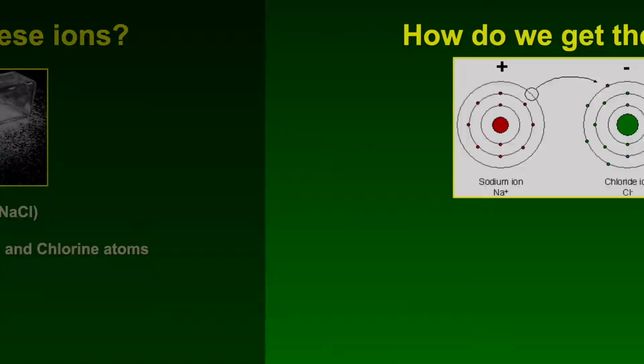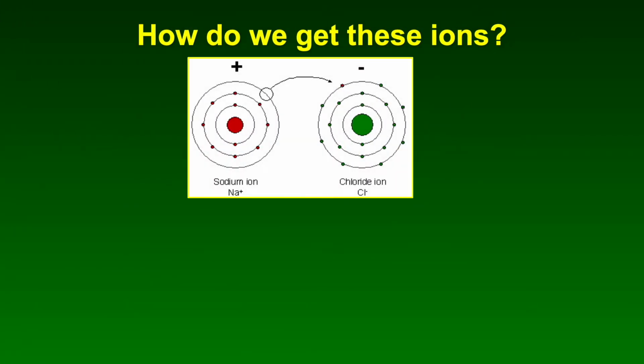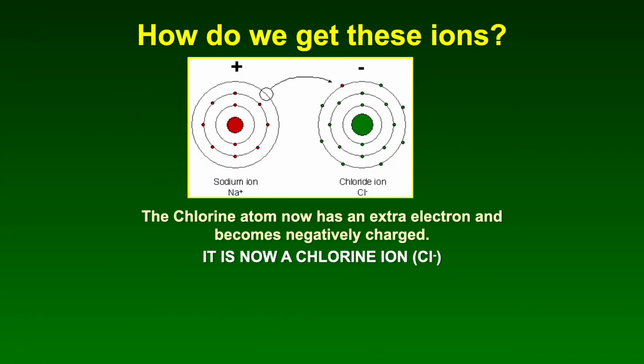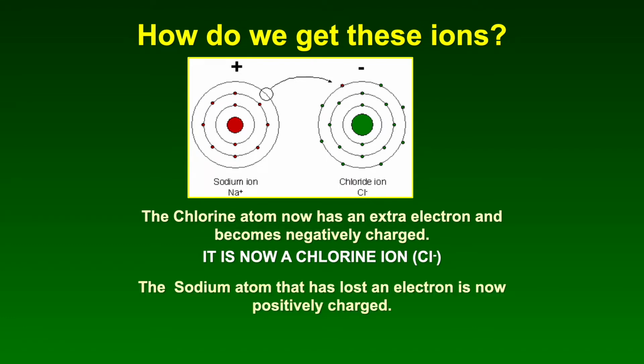Salt is sodium chloride, NaCl. The chlorine atom steals an electron from the sodium atom. The chlorine atom changes to a chlorine ion, and the sodium atom becomes a sodium ion. The same thing happens to other salts in the soil.